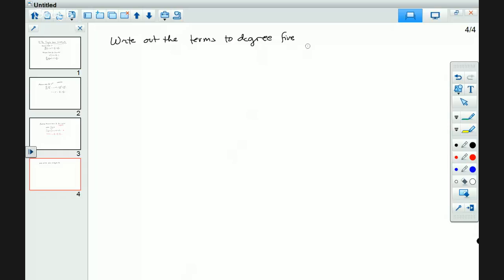Write out the terms of degree 5 of the Maclaurin series for e to the x cosine x. Big giant multiplication problem, right?